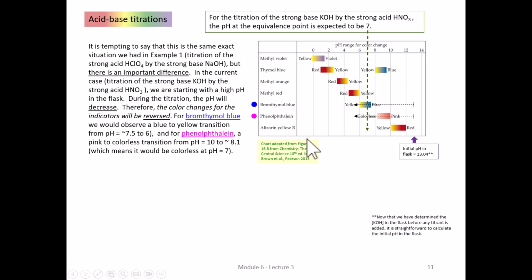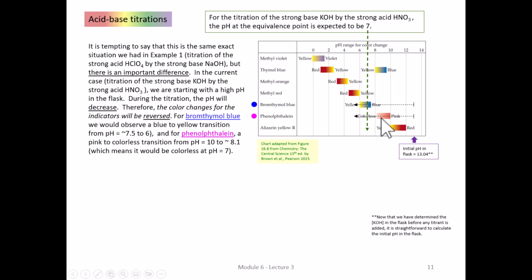We could also use phenolphthalein here for the same reason we could use it in the previous two examples, and that is, even though the pH 7 doesn't cut right through the middle of this color transition, the pH changes very rapidly near the equivalence point, so we might be able to get away with using phenolphthalein.